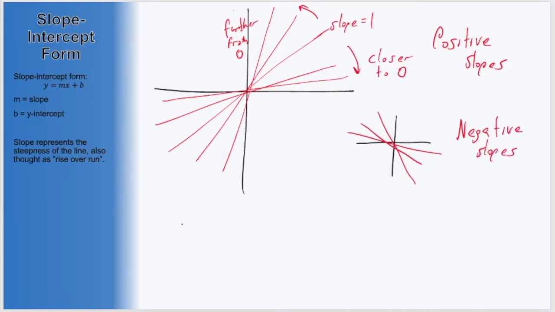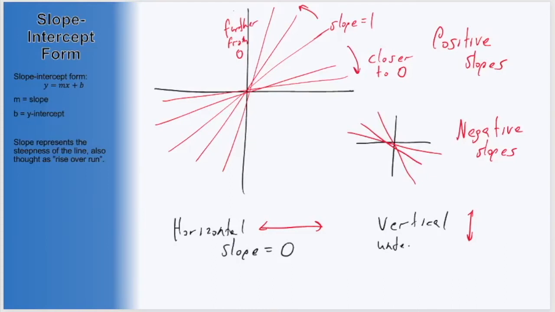We will also go ahead and note that horizontal lines, which are flat left to right, have slopes that are equal to 0. Meanwhile, vertical lines, which go straight up and down, have undefined slope.